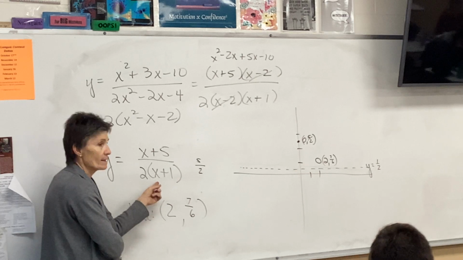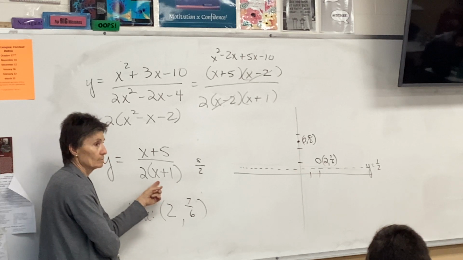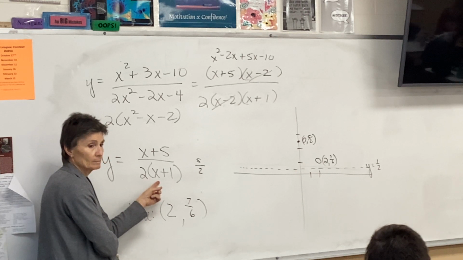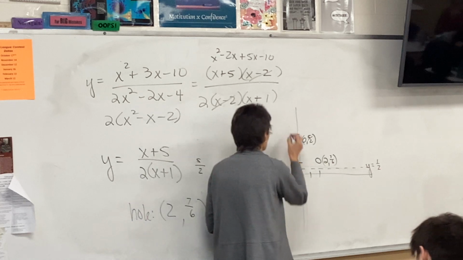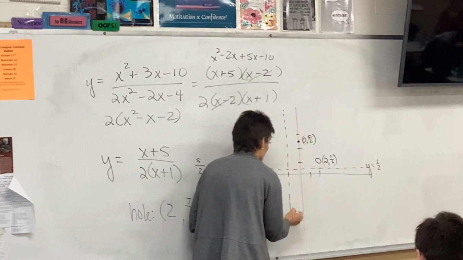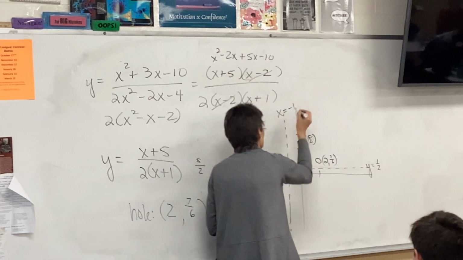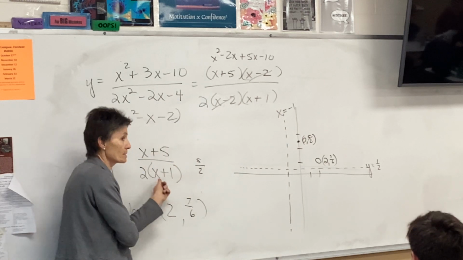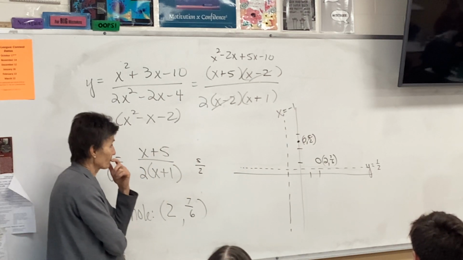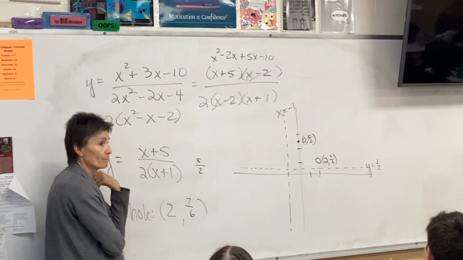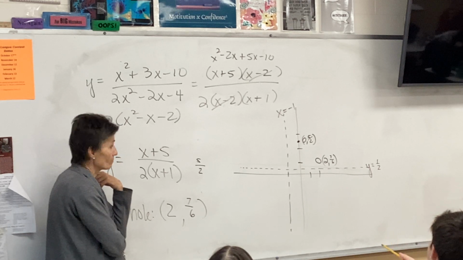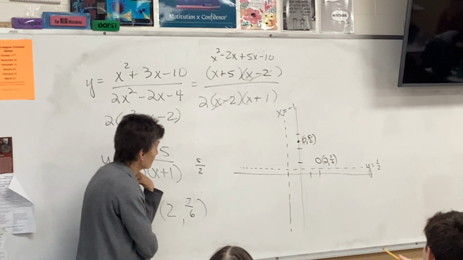Where's my vertical asymptote? X equals negative 1, because vertical asymptotes come from the denominator. X-intercept, where's my x-intercept? Why do you have the vertical asymptote on the right side?